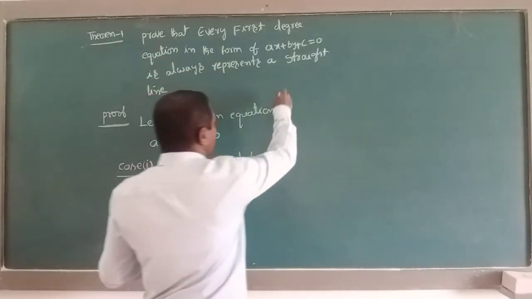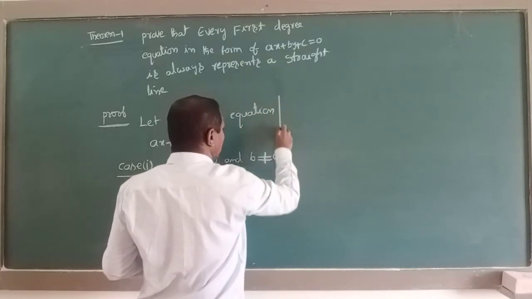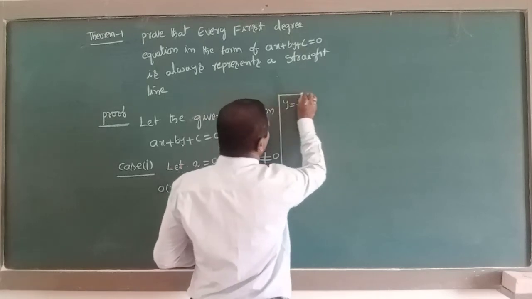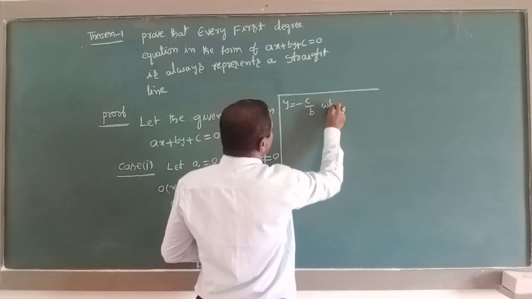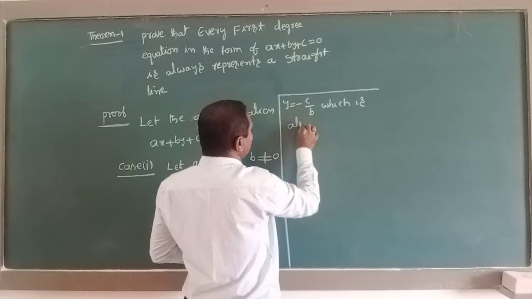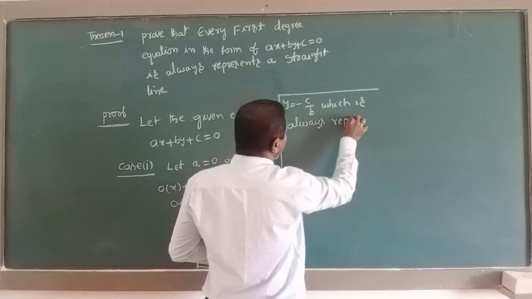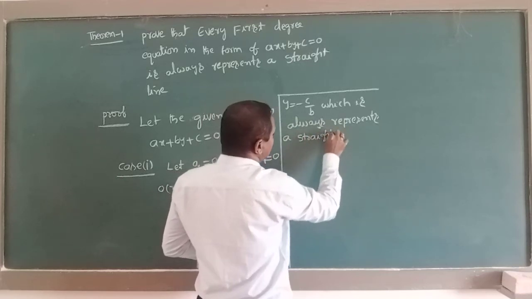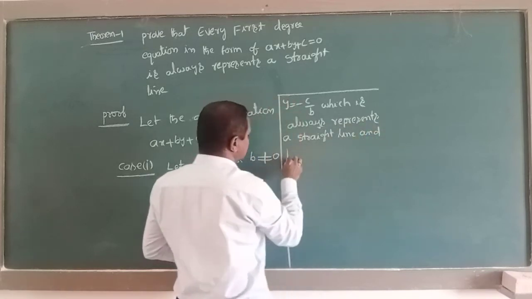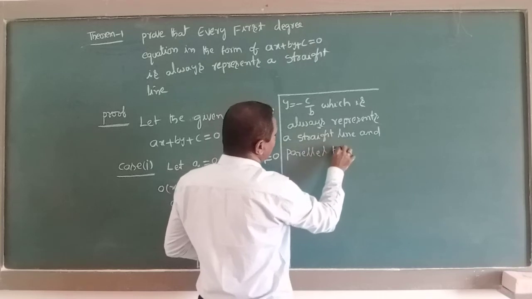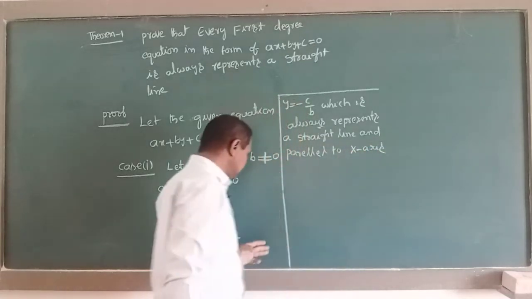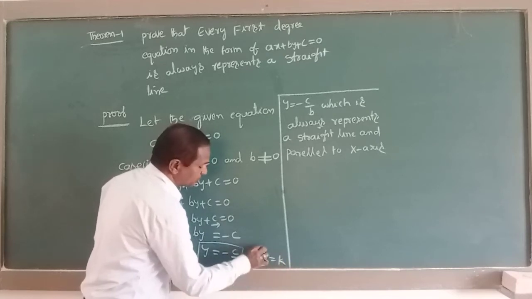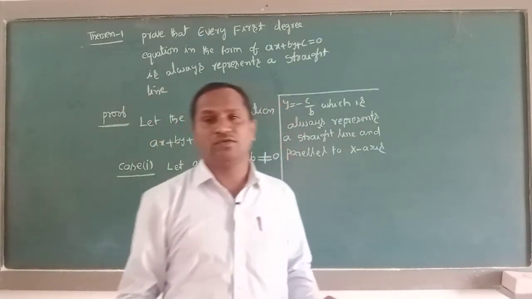That's why it always represents a straight line. y is equal to minus c by b always represents a straight line and parallel to x axis, because minus c by b is like k, so y is equal to k. y is equal to k means parallel to which axis? It is always parallel to x axis.